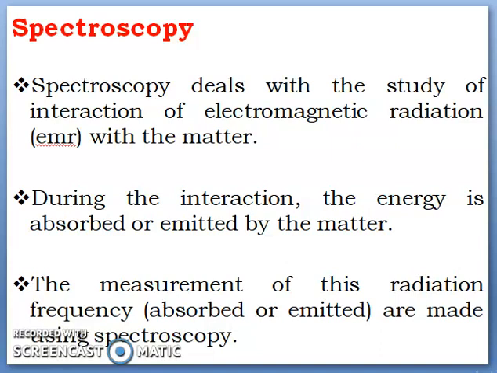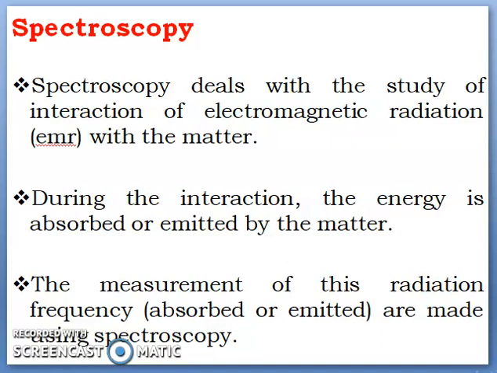During this interaction, the energy from the radiation is absorbed by the matter or emitted by the matter. This is the real thing that takes place during the interaction. I repeat, during the interaction of electromagnetic radiation with matter, the energy from the electromagnetic radiation is absorbed or emitted by the matter.